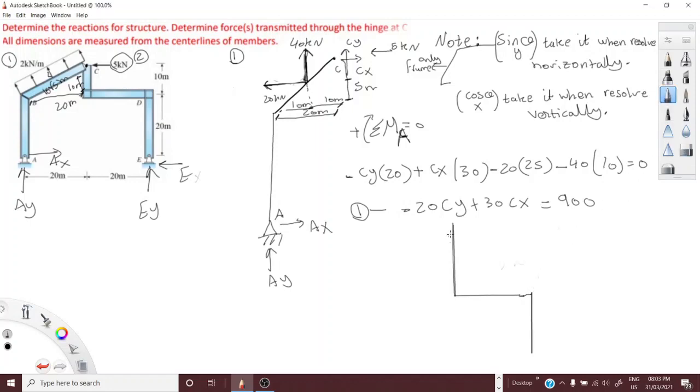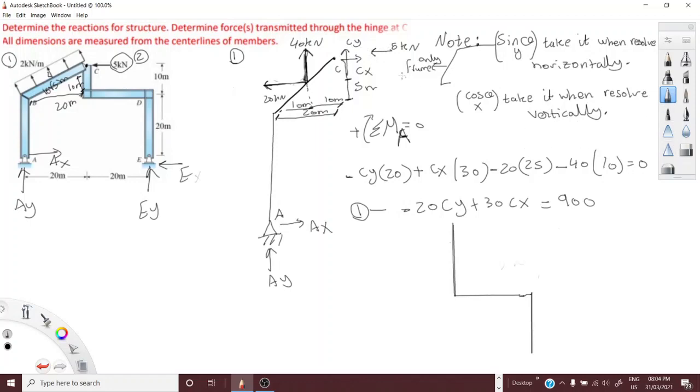Okay guys, so here, sorry, we didn't add the 5 kilonewton. We need to add the 5 kilonewton. I didn't add it, I need to add it. So let's add it, 5 kilonewton.